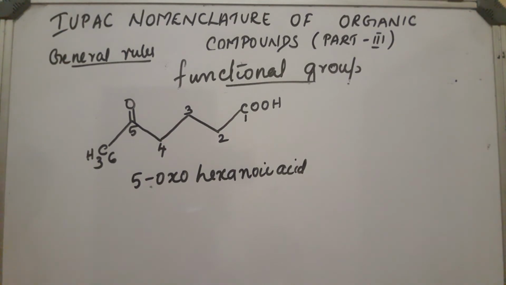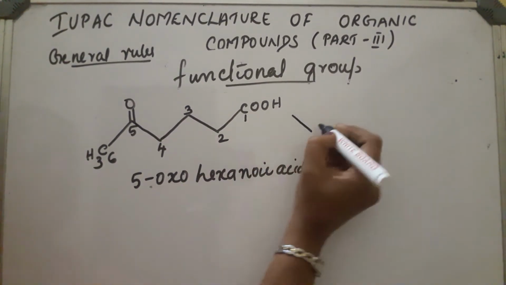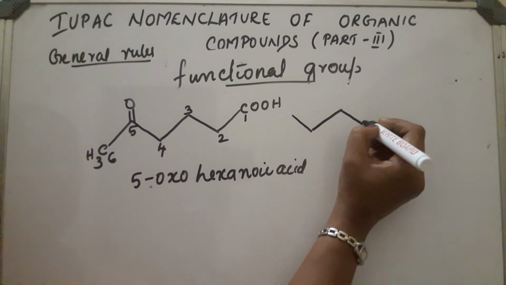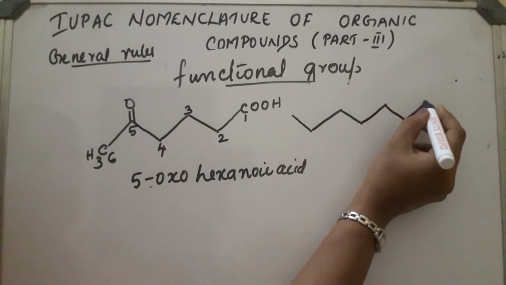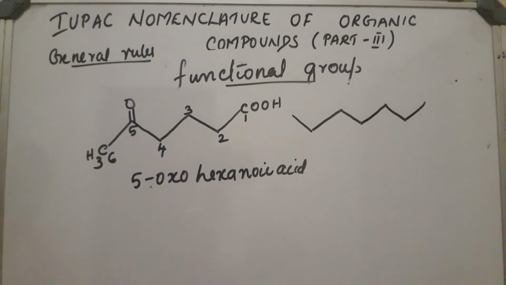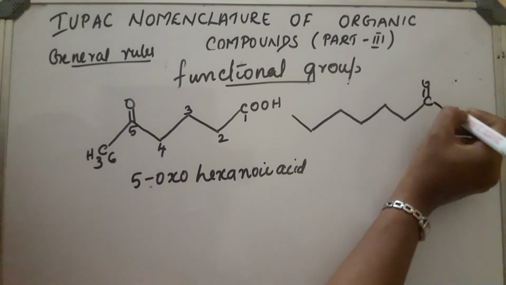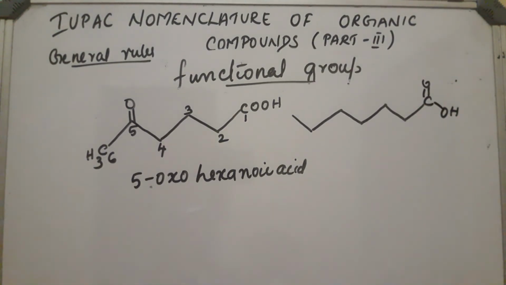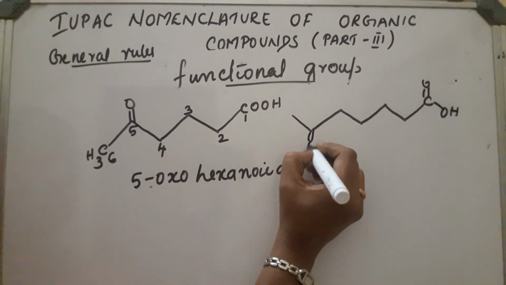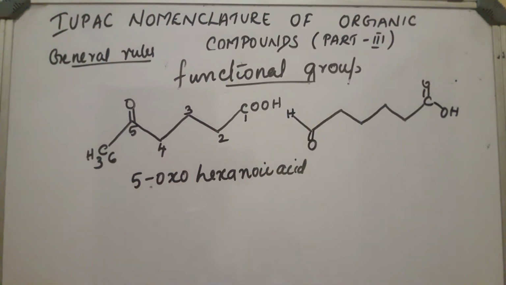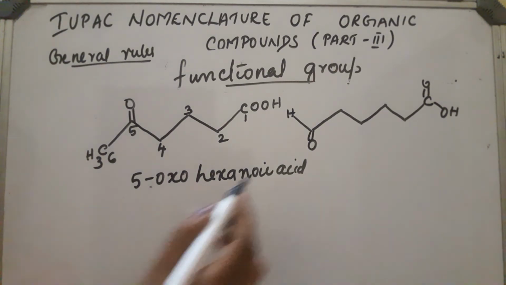Take another example. Same COOH group here, and at this end there is an aldehyde group, CHO.